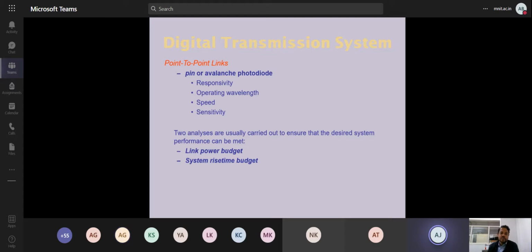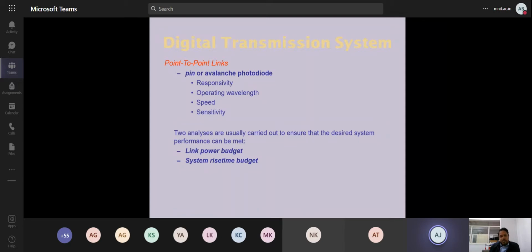So among these photodetectors, you need to check what should be the responsivity, what should be the operating wavelength, how fast should the photodetector respond to the input light, and sensitivity refers to how low a level of optical light can the photodetector detect.